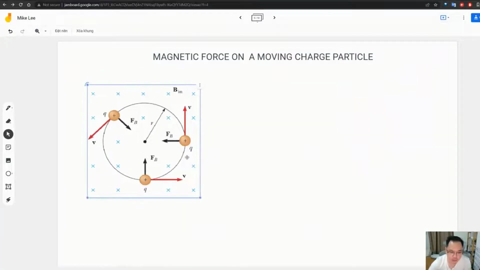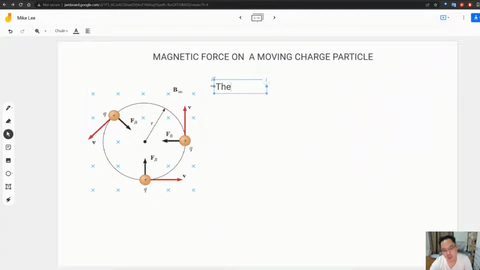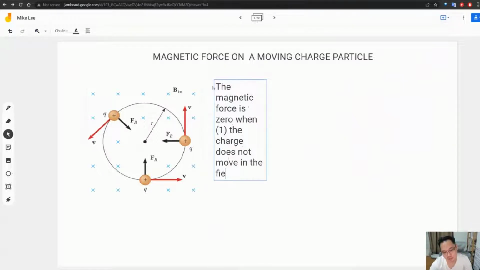When a charge moves in a magnetic field, it will be exerted on by a magnetic force, but there are two cases where the magnetic force is zero. The first case is that the charge is stationary, does not move in the field.